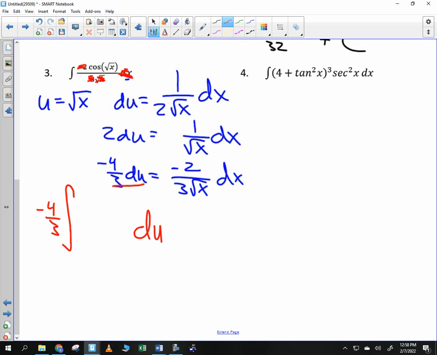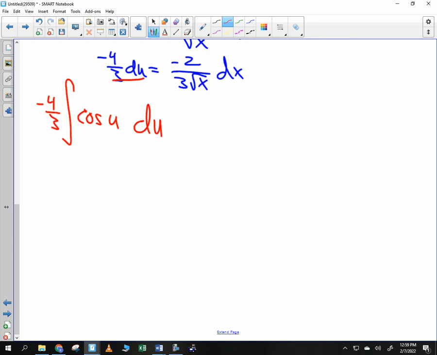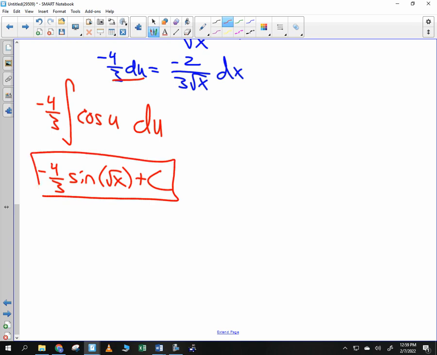And what do I put in for the root of x? I put in u. So I have cosine of u. What's the antiderivative of cosine? Sine. So negative 4 over 3 sine of root of x plus a constant.